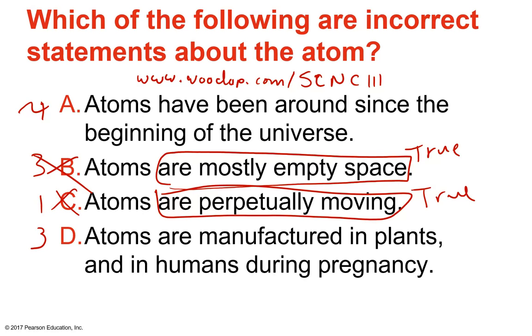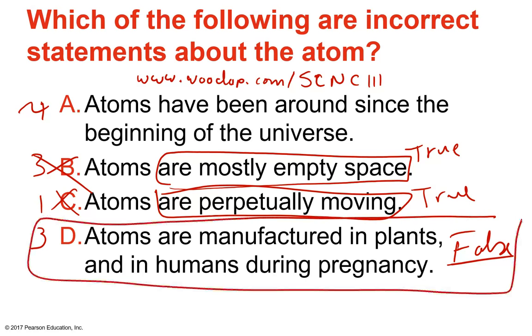Atoms are manufactured in plants and in humans during pregnancy. That one, my friends, as you can tell by me laughing, was the correct answer. This is false. Atoms are not created in plants and in humans during pregnancy.